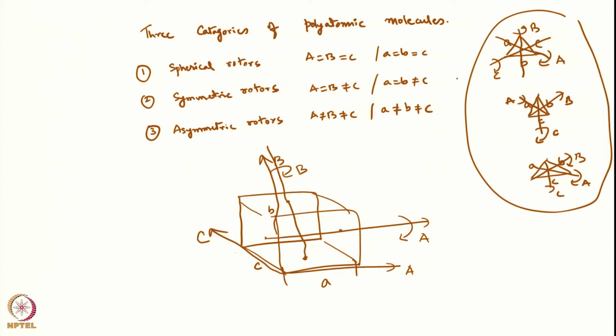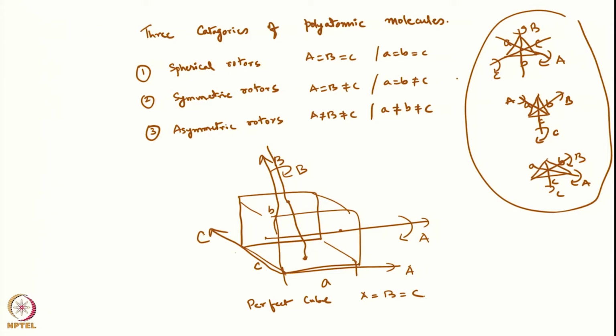Now conventionally you can have 3 axes, but for a perfect cube you will see that A must be equal to B must be equal to C. Now you can think of a cube as all the 8 corners being on the surface of a sphere.